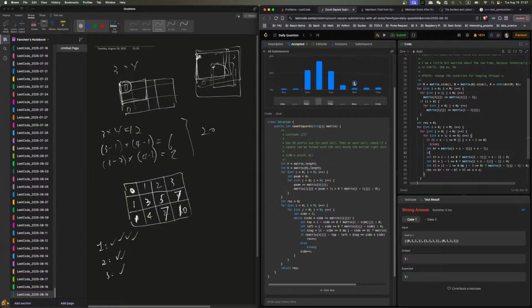If this time this is larger than bottom right, we'll break.